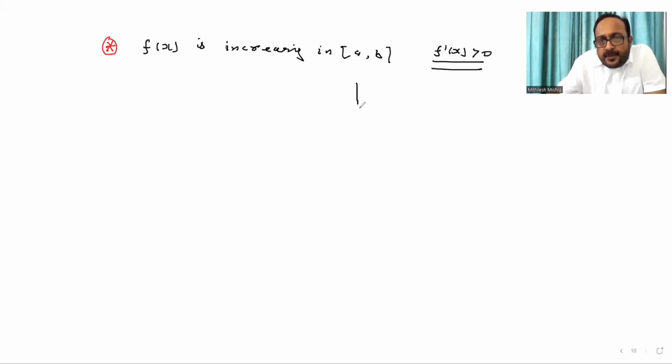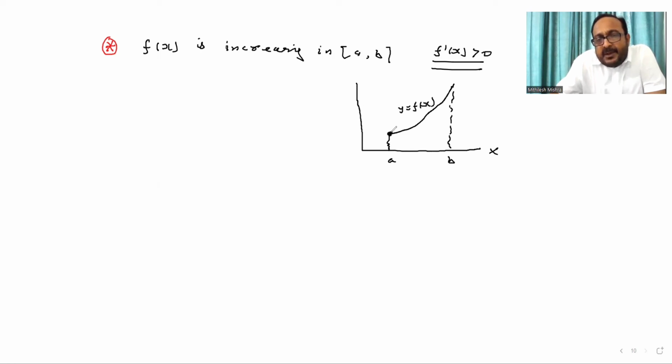You may see with the graph. Suppose xy axis and the graph comes in this way. On x-axis a, on x-axis b, and y is equal to f(x) is the graph.